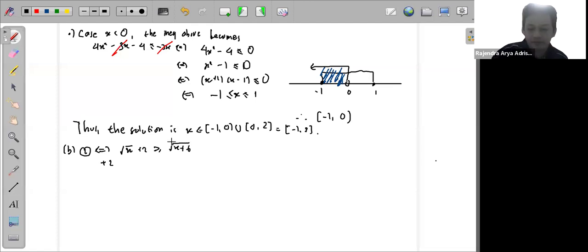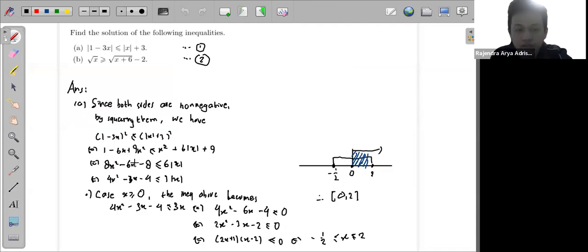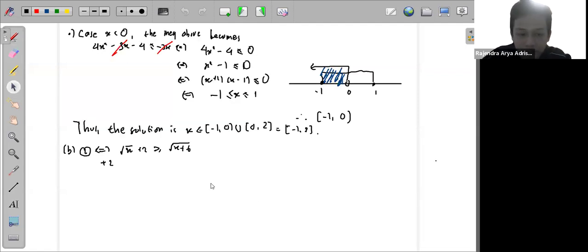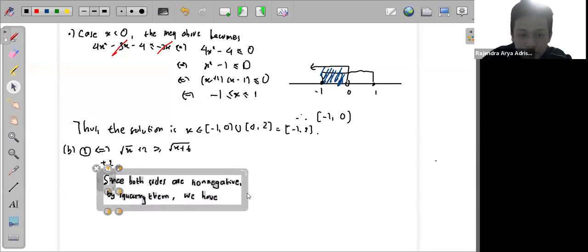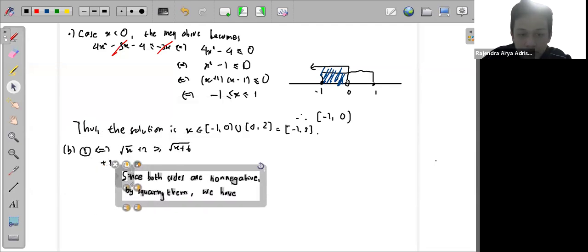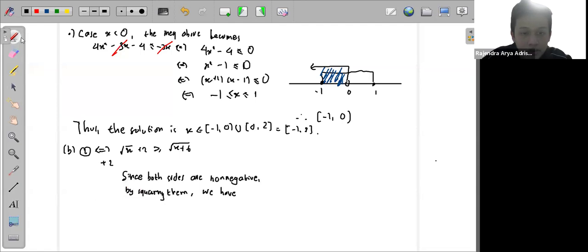Okay. Both sides are now non-negative, so we can do the same reasoning we did for the first problem here. Let me just copy it. Okay, we can square them. Square the left side. Just write it like this. Sorry, I missed the bracket.